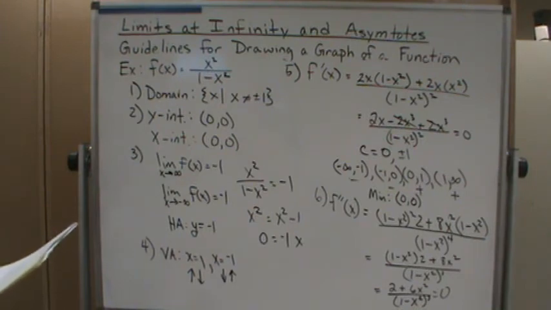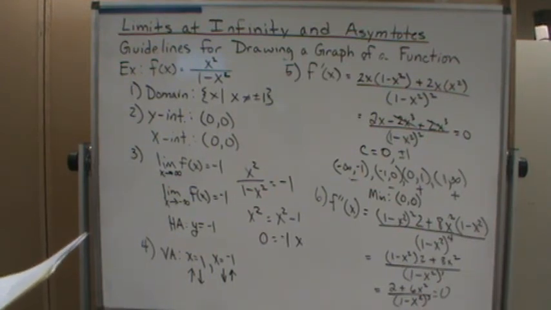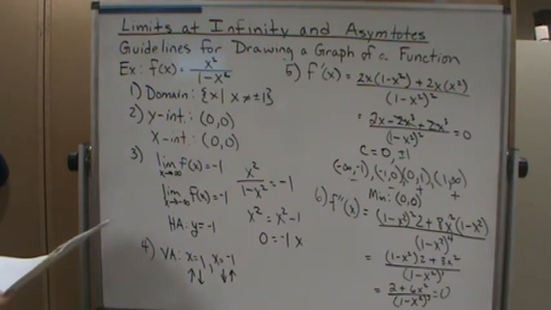But the thing is we do have the asymptotes though, remember? So the second derivative is never 0. And also, the second derivative is not undefined for any value, any x in the domain of f.